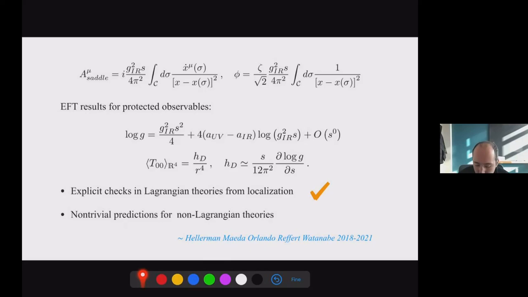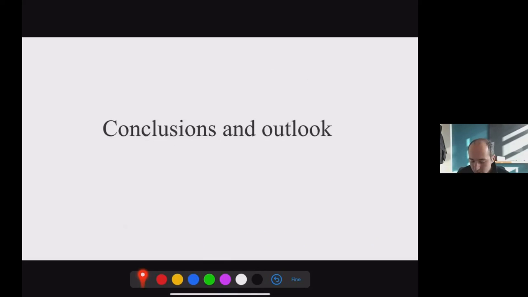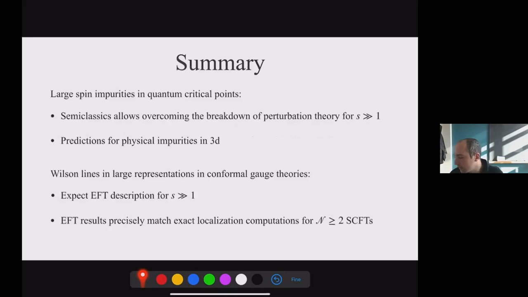Okay, so I think this concludes all I wanted to say. So let me just summarize the main message of my talk. I argue that there are some nice semiclassical limits for Wilson lines and impurities, and they are remarkably similar. For the impurity, the highlights are that semiclassics allow overcoming some breakdown of perturbation theory when the spin becomes large.